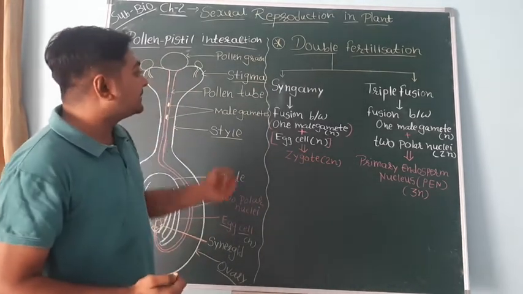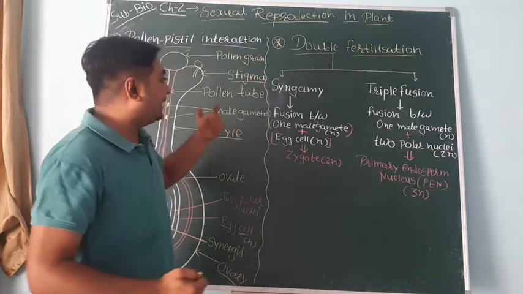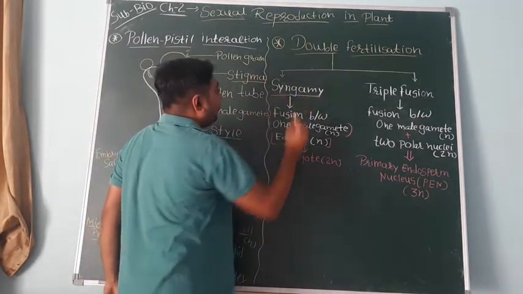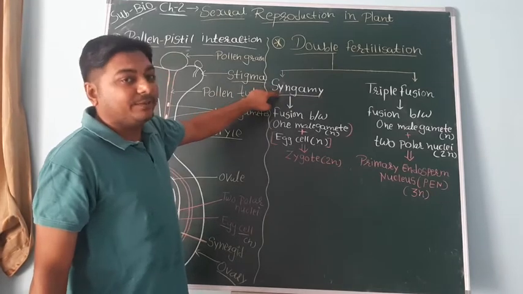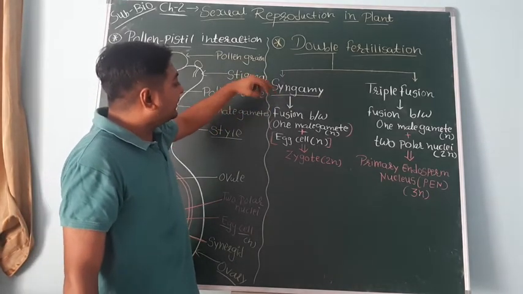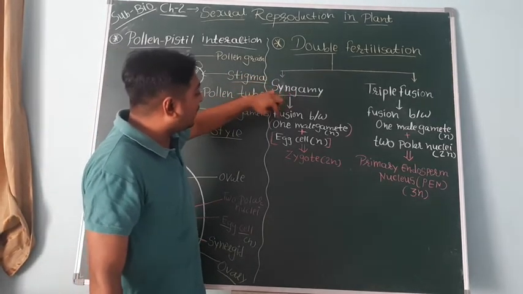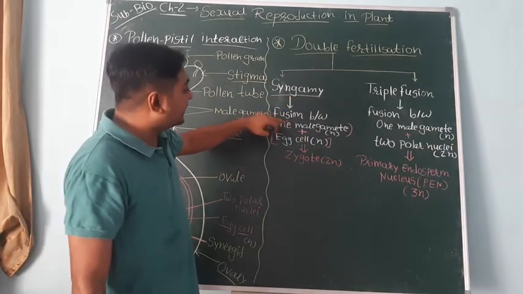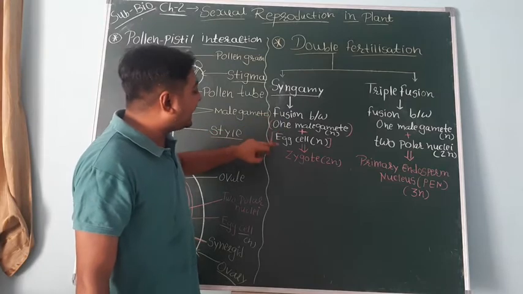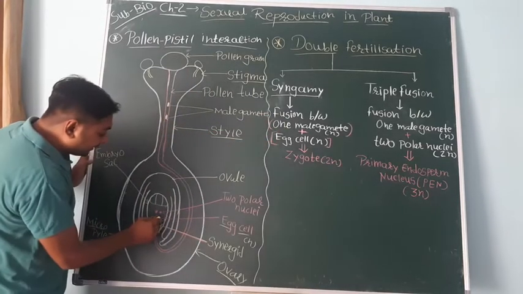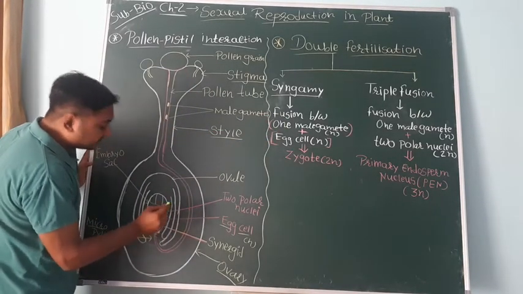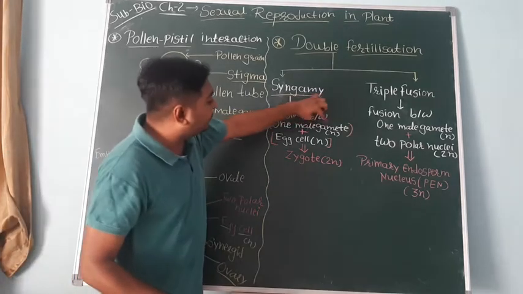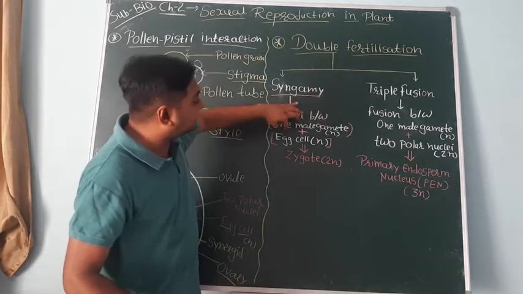Here you can see the first type of fusion is called syngamy. Syngamy is the fusion between one male gamete and the egg cell. Here there are two male gametes, and one male gamete fuses with the egg cell. One male gamete is haploid, and the egg cell, which means female gamete, is also haploid.